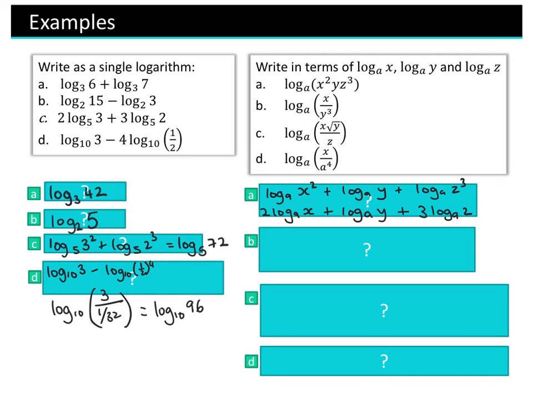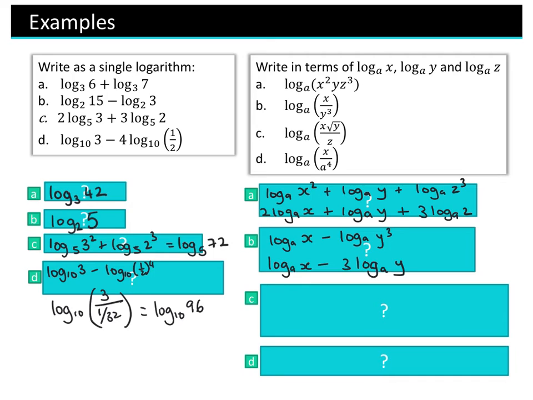Okay? Second one. If we're dividing, what are we actually doing? Minus log to the base a of y cubed. We know y cubed is actually the same as? Absolutely. Minus 3 log to the base a of y. For the second one, x and root y.